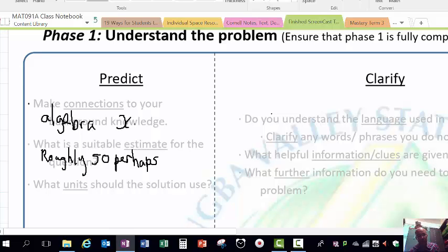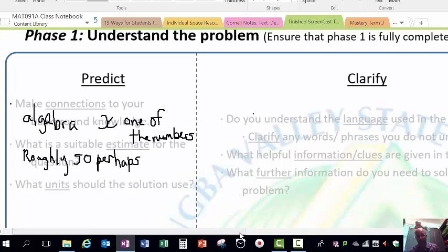And we might make x one of the numbers. X is one of the numbers. There's 3 numbers, the question said. It said 3 numbers, but it said consecutive. Now that brings us to the next point.